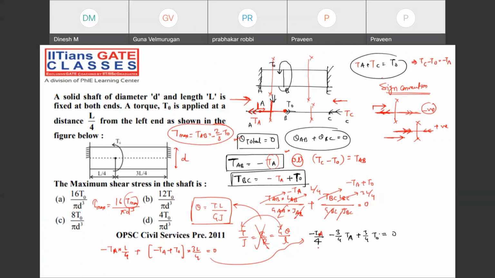So what will be the answer? 3 by 4 times T naught. T maximum will be 3 by 4 times T naught. Once you know this, you can calculate 16T divided by pi d cubed, where T is 3 by 4 times T naught. Check it out, all of you, please.